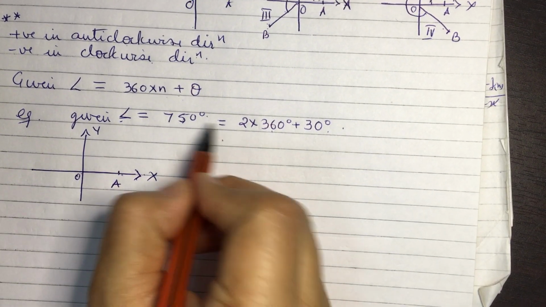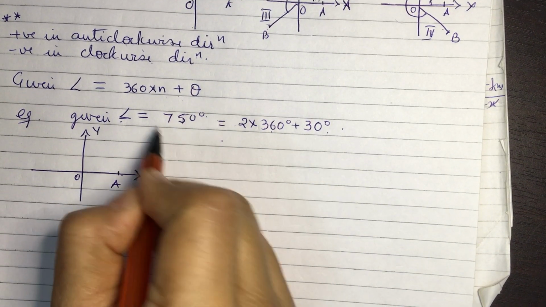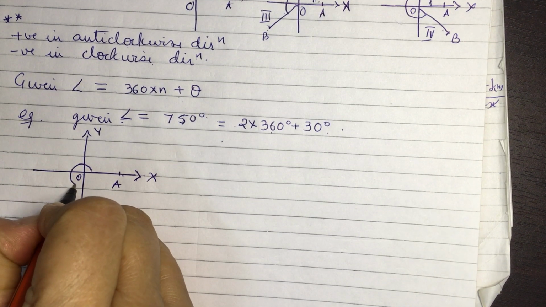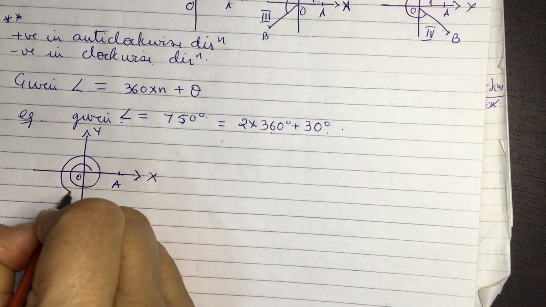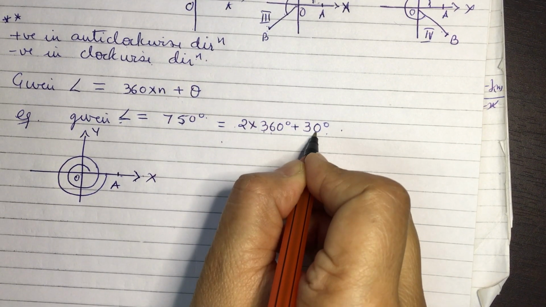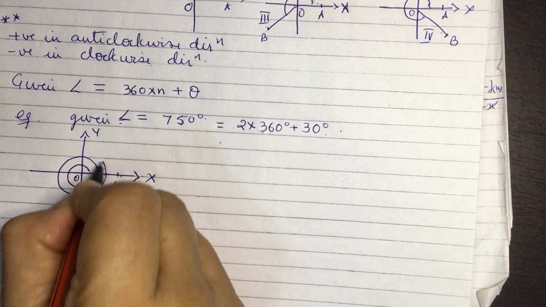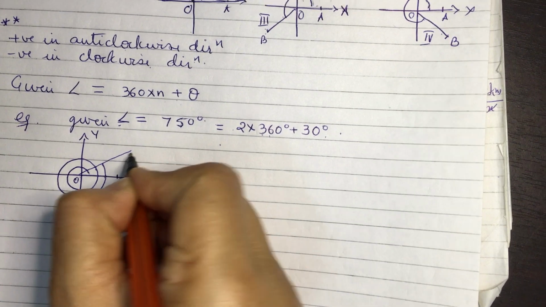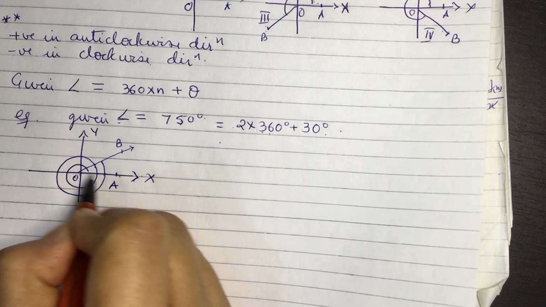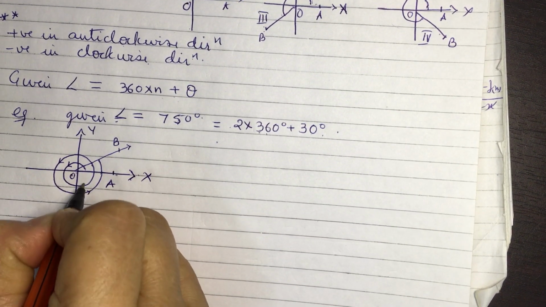So let's start. This being a positive angle, we will execute the angle in the anti-clockwise direction. This completes one circle, then two circles, meaning 720 degrees, and after 720 degrees we have to go further for 30 degrees. So here, this is B, and this is the angle AOB, executed in the anti-clockwise direction.